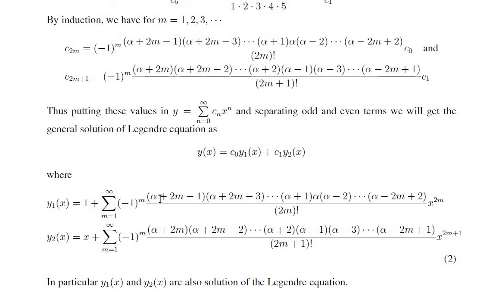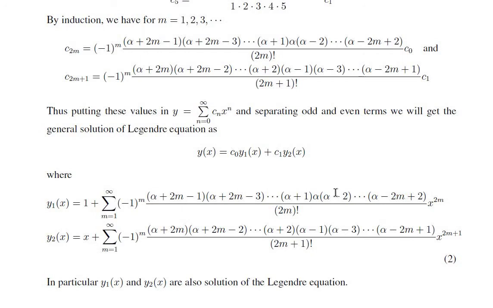So one thing you observe: since this m equal to 1 to infinity, these are natural numbers. But if we allow this alpha to be a natural number, what will happen? So we are subtracting this. So if it is 2m minus 2, or even any, because here alpha is there, alpha minus 2 is there, alpha minus 4 is there.